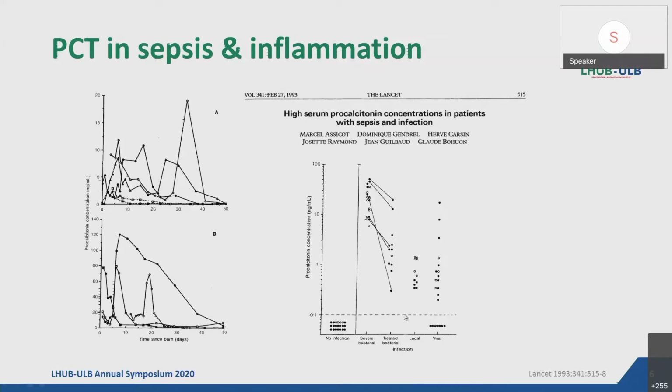You can see too that in case of localized infection, the levels are increased above the upper limit, but to a lesser extent. And the same picture can be observed in viral infection in most of the cases, but as you can see, and it's quite important, high levels may be observed in some cases of viral infection.